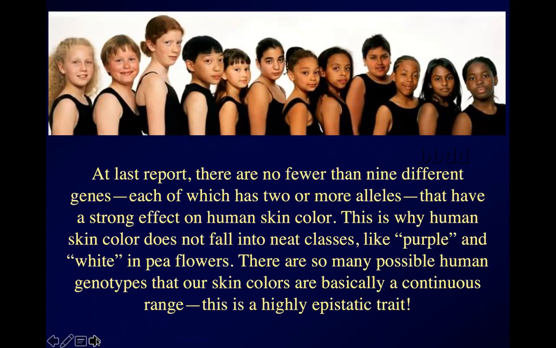Human skin color is a very epistatic trait, meaning there are at least 9 genes that affect it. We're a lot more complicated in this regard than peas. Pea flowers can be either purple or white, but we're not all either white or black.